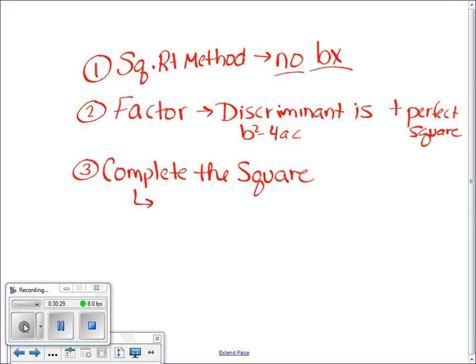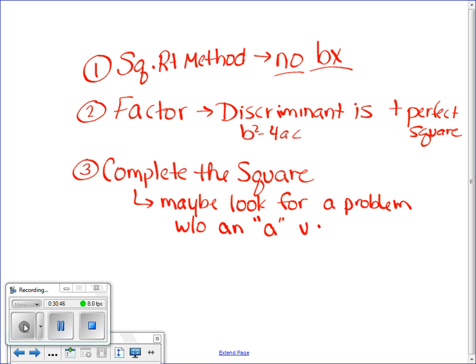As a suggestion, because you're trying to sometimes avoid those ugly fractions, maybe look for a problem without an a value. Because if I don't have to divide everything by a, chances are my problem's going to be a lot nicer looking. Right? That'll probably give me nice ones.